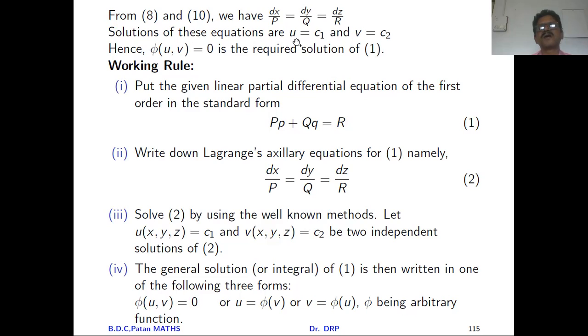So solutions of these equations are u equal to c1 and v equal to c2. Therefore, phi of u equal to 0 is what we call the required solution of the given equation 1.